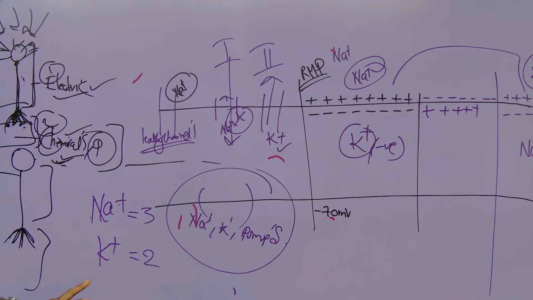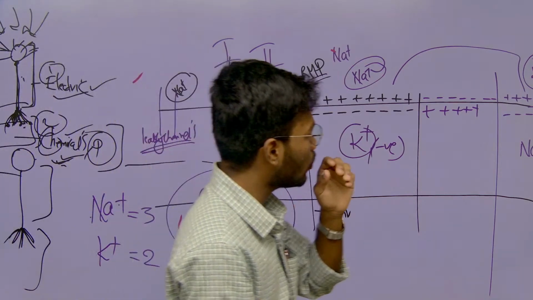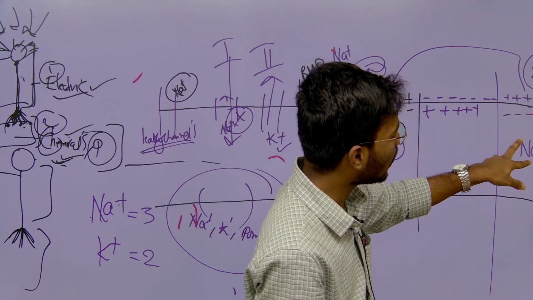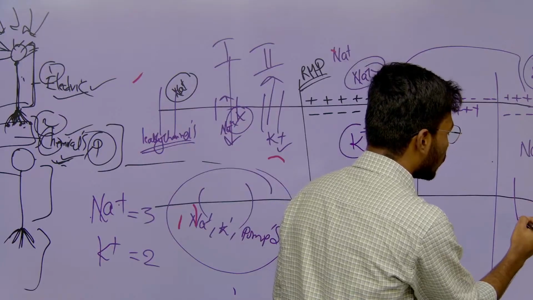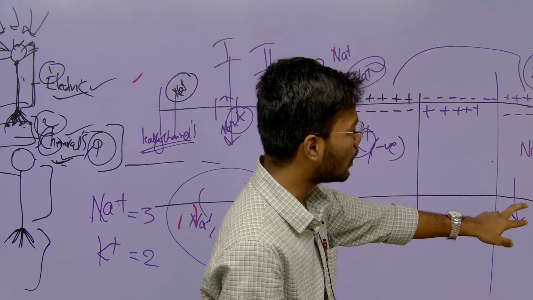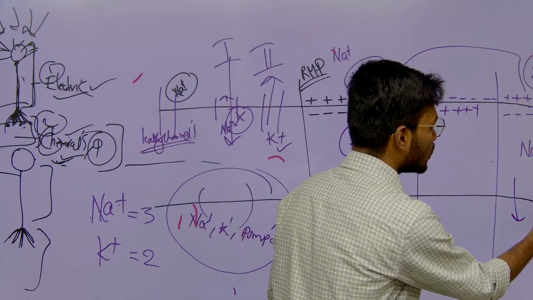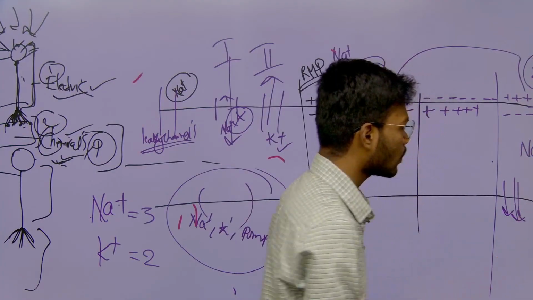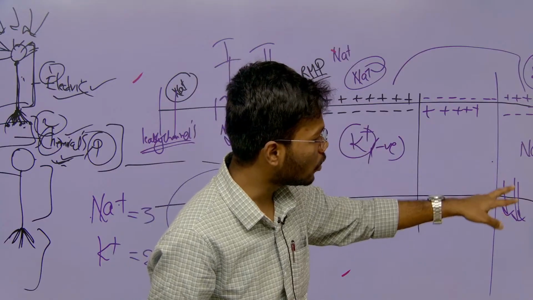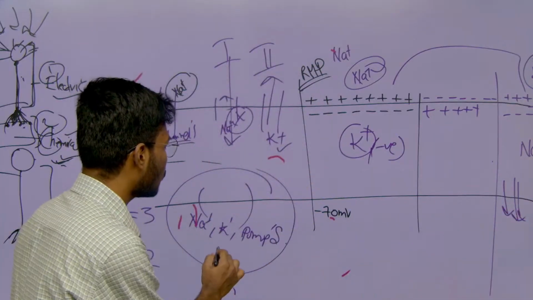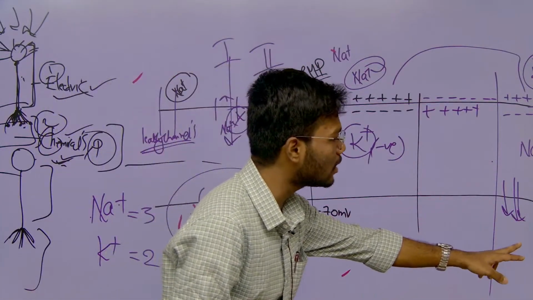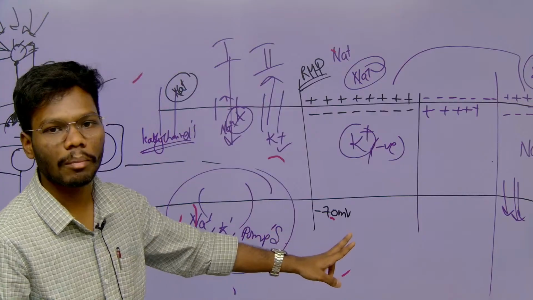Here we have Na+ inside and K+ outside. We need to bring all the Na+ outside and take all the K+ inside. So for every 3 sodium ions pumped out, 2 potassium ions go inside. Likewise the sodium potassium pump works, and again this phase returns to the resting membrane potential.